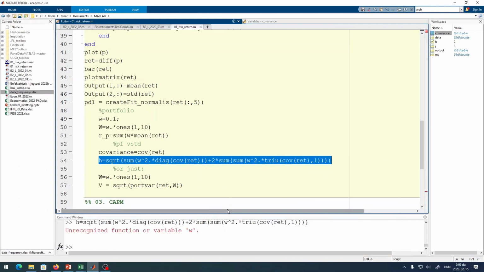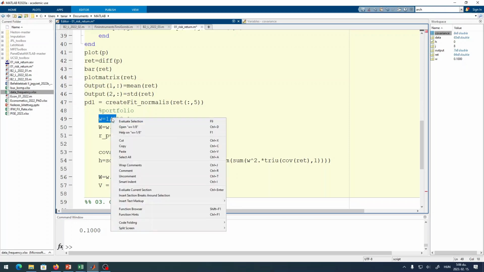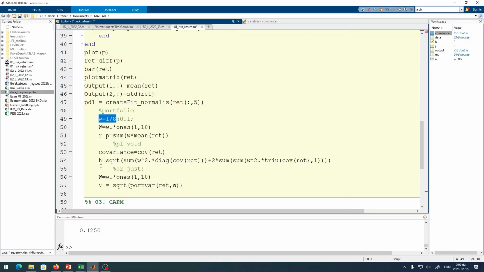We do not define the value, the weight. It's not supposed to be 10 anymore because we have less than 10. Let's mess up the script. Yeah, it's bigger.